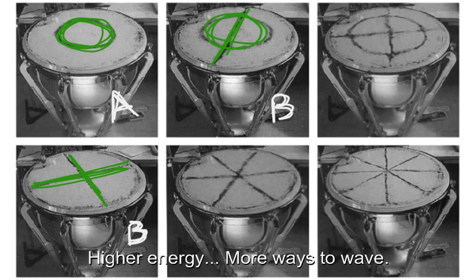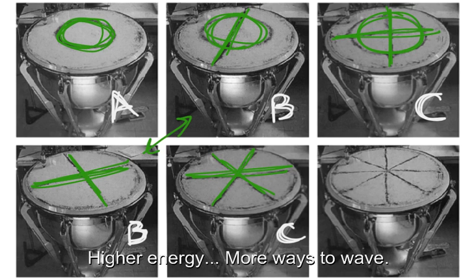So this is slightly more complicated, higher energy, and when we get to higher energy, then we get more ways to wave. In the same way, we could call this a C wave pattern, C wave energy, and now we have a linear node and a circular node, or we have three linear nodes. So we can see that there are different ways to wave.